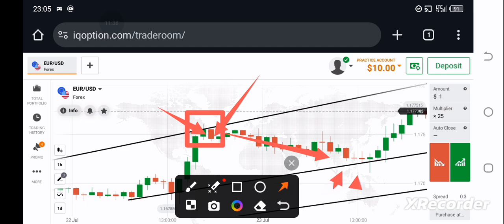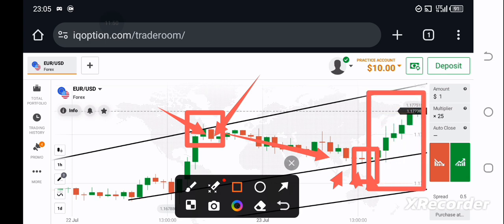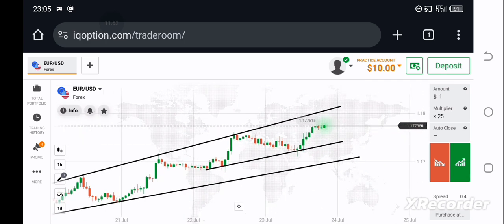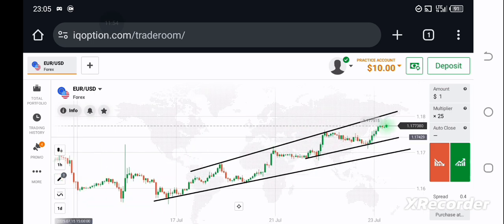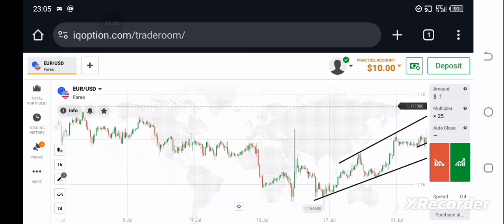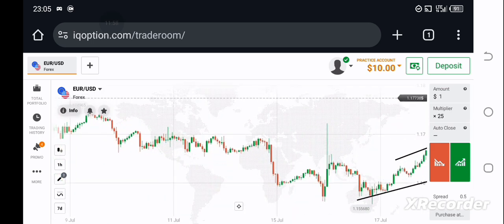At this level, you are seeing that the sellers are getting very weak, and you are seeing a type of hammer candlestick here. And then there is a push to the upside. By the way, we are not talking about the movement of the market. We are just talking about how to draw trend lines.